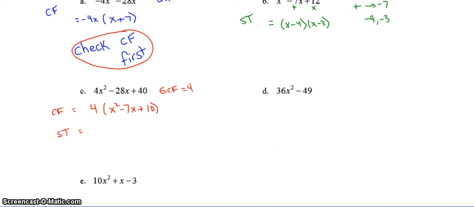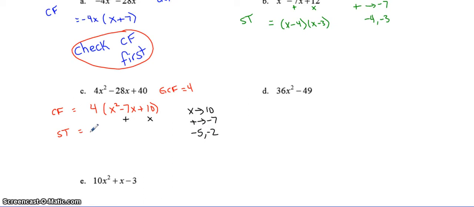So can you find two numbers that multiply to 10 and add to negative 7? And those numbers would be negative 5 and negative 2.